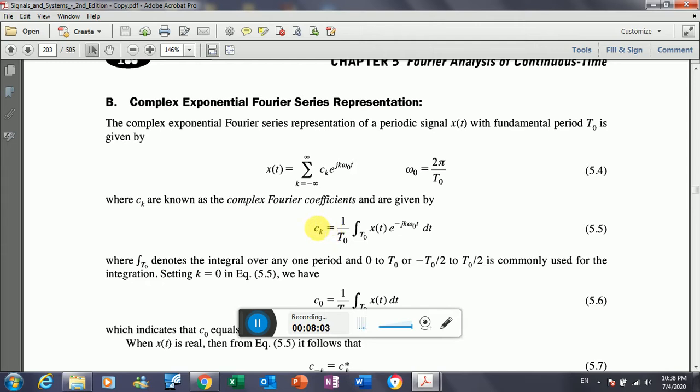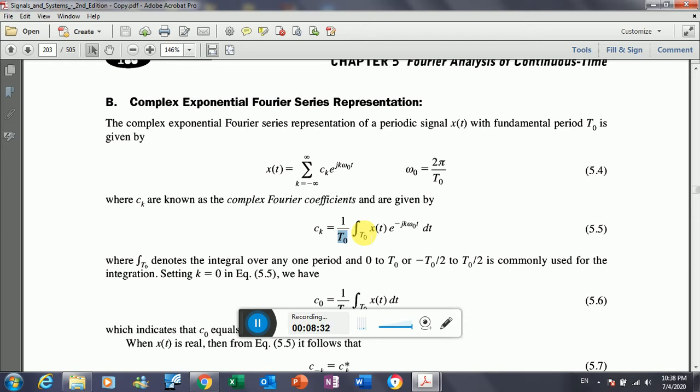So now how to determine C of k? C of k can be determined using this formula, 1 over T naught, where T naught is the fundamental period, and the integration is over the interval of T naught. Since x of t is a periodic signal, we integrate it over one period, right?